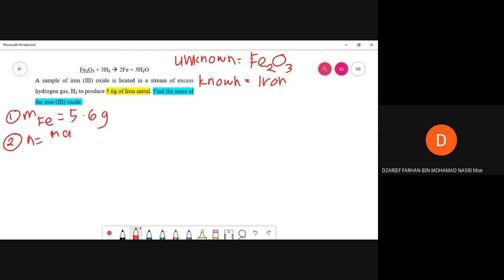Yes, mass over molar mass. Pandai. So what is your mass? 5.6 gram. Your molar mass for Fe is... selak buku teks tu.